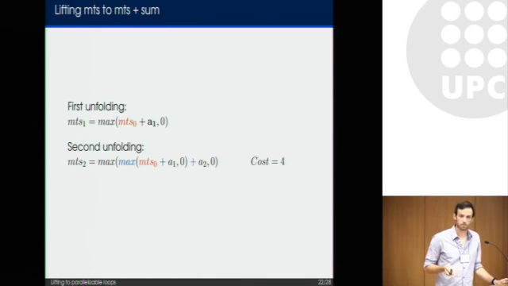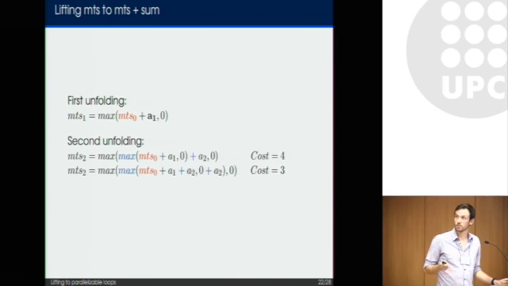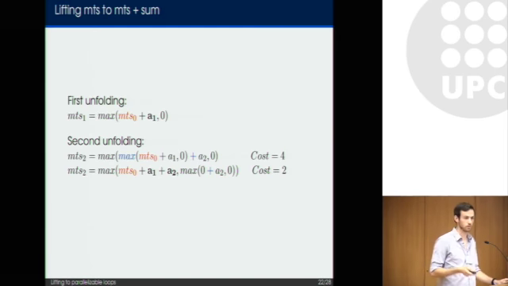Our idea was that by reducing the cost of this expression, so the depth of the red state, we can find an expression where, here I'm distributing plus over max, and then using associativity of max, we have a cost equal to 2, and this expression, which is adding the input A2 to the previous A1.